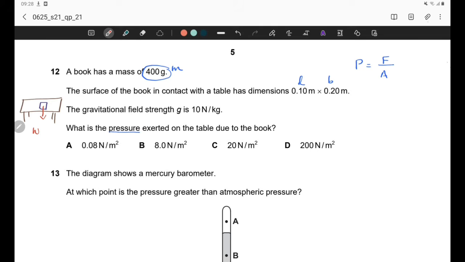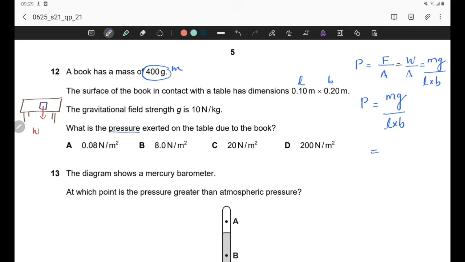So we can rewrite the equation. Force exerted by the book is nothing but weight of the book over area in contact, where W is equal to mg. So we can write mg over area, and area is length times breadth. So pressure will be mg, that is the weight of the book, over length times breadth. Now we can substitute the values.